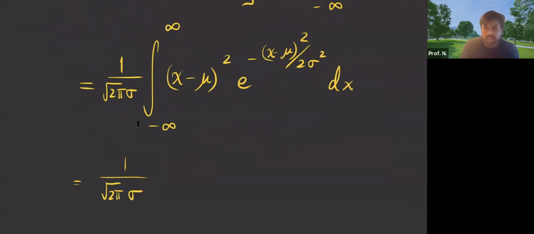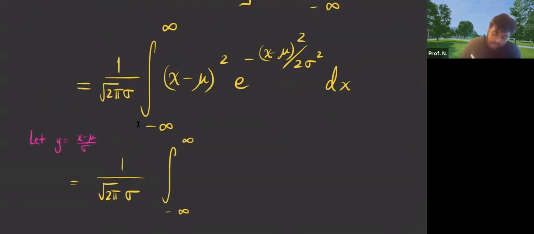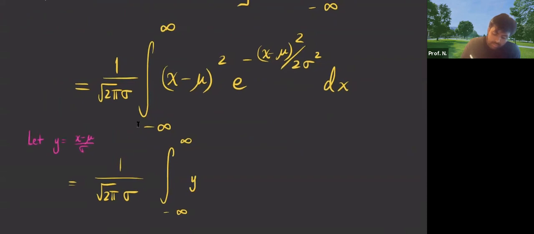And now the thing is, what do we do here? We're going to do something similar to what we did in the previous derivation, which is I'm going to let y equal x minus mu over sigma. When I do that, the bounds of integration stay the same. So x minus mu is equal to sigma y.